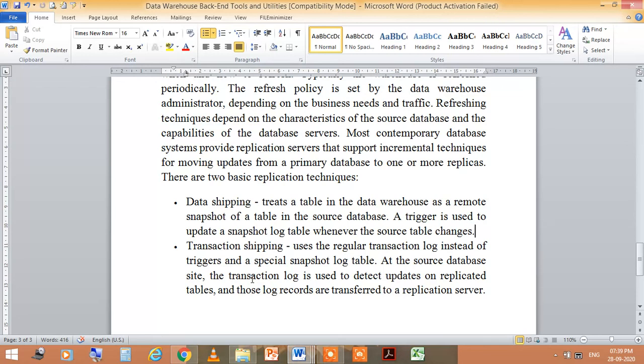Second is transaction shipping, which uses the regular transaction log instead of triggers and snapshot log tables. At the source database side, the transaction log is used to detect updates on replicated tables, and those log records are transferred to the replication servers. So these are basically the two replication techniques.